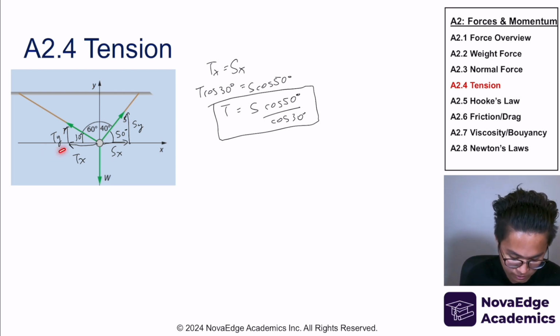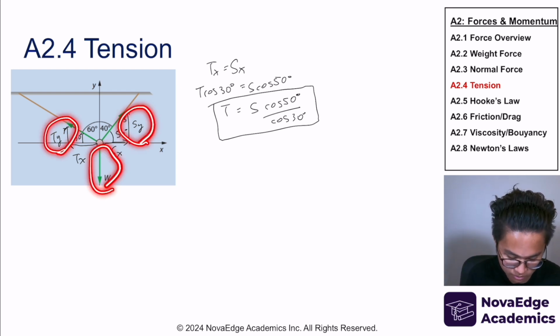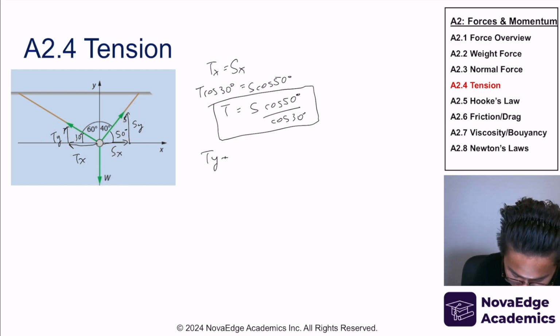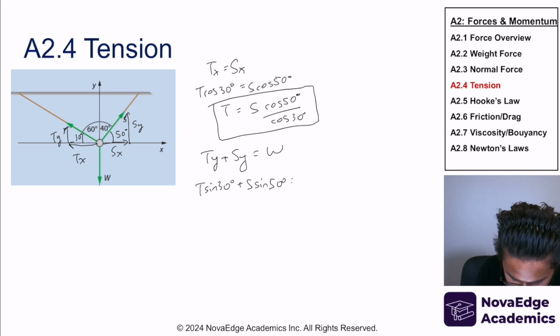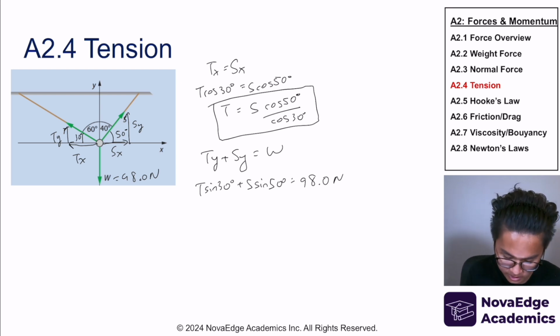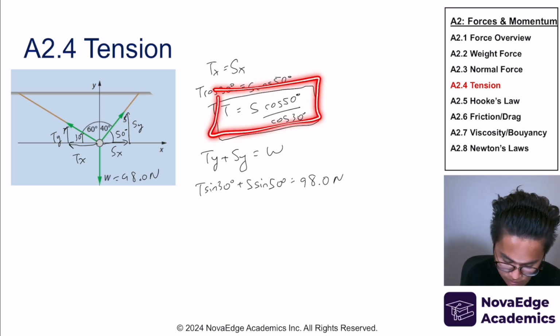In the y-axis, I know that Ty plus Sy is equal to the weight force. That is, T sine 30 plus S sine 50 is equal to 98.0 newtons. Now I can actually use the previous expression to solve for this problem.